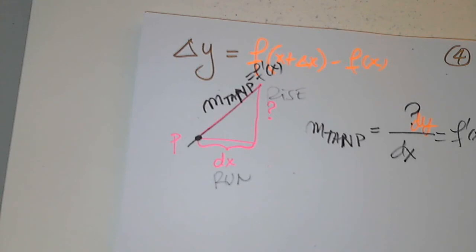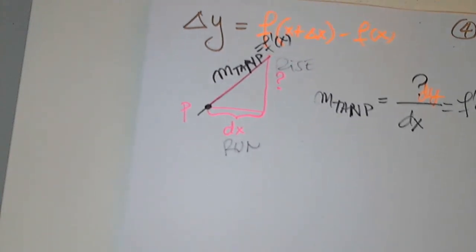Indeed, f prime can be denoted or replaced by the notation dy over dx. However, dx has a meaning by itself, and dy has a meaning by itself. I couldn't tell you that earlier. So this notation makes this, but also this piece has a meaning by itself, and this dx has a meaning by itself. Okay, what are they?